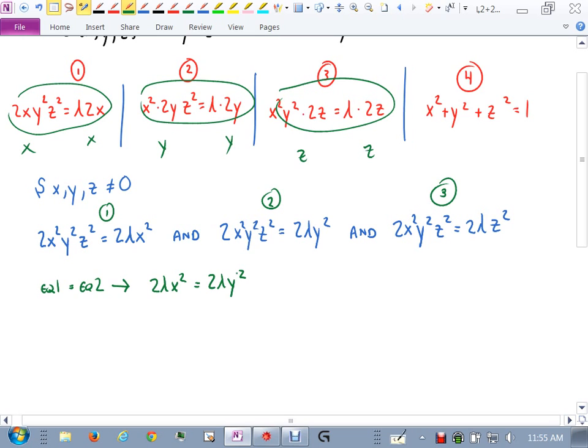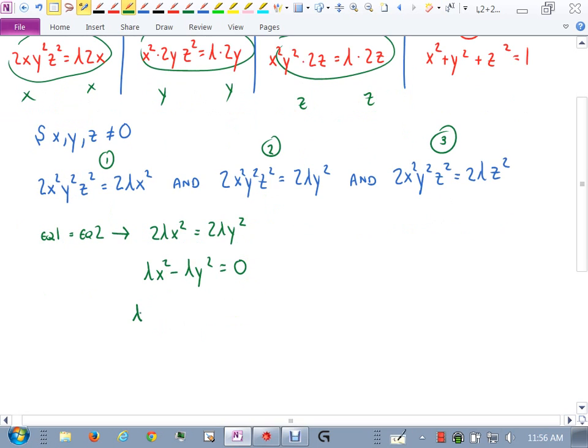What should I do here? Divide by 2? Good. Move everything to one side and get rid of the 2. Factor a lambda out. x squared minus y squared is difference of squares.